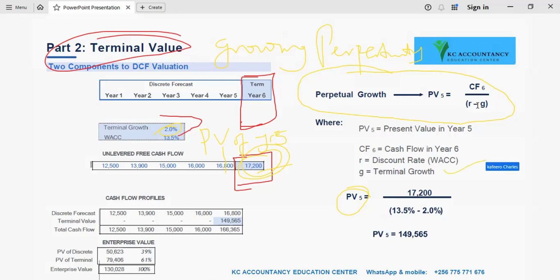G is the terminal growth, R is our WACC, and CF6 is the cash flow in year 6.